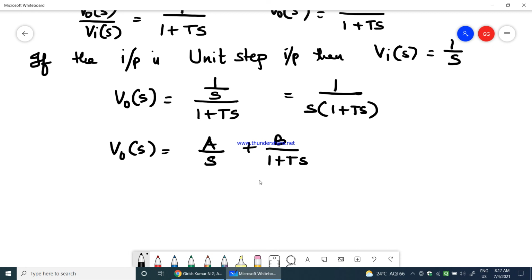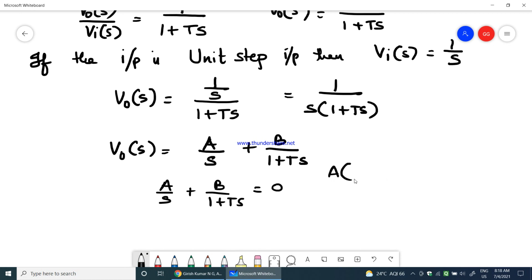So let us find out what A and B are. A by S plus B by (1 plus Ts) equals 1 over S into (1 plus Ts).